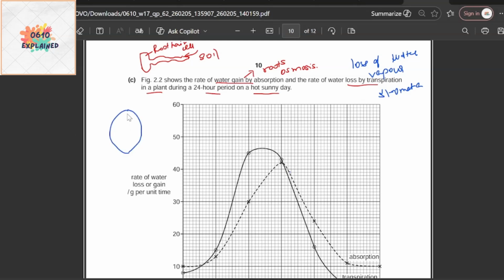So we remember that the stomata has these two guard cells. When the guard cells become turgid, they will open the stomata because the inner walls are thicker as compared to the outer walls. When the guard cells are flaccid, the stomata closes.